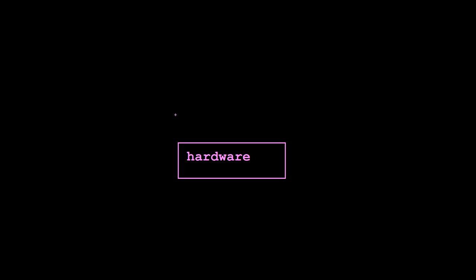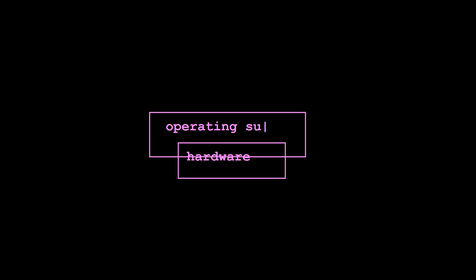On top of this we will have the intermediate. What is the intermediate we are calling? The intermediate is the operating system. Operating system is the intermediate between computer hardware and the users.